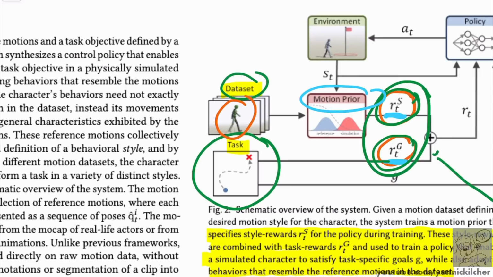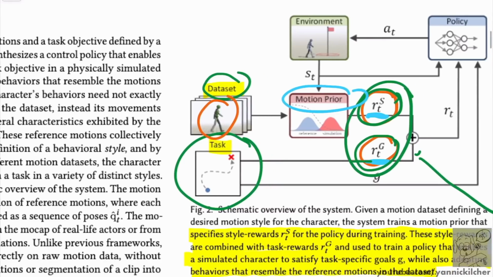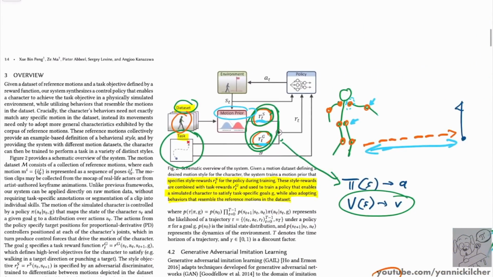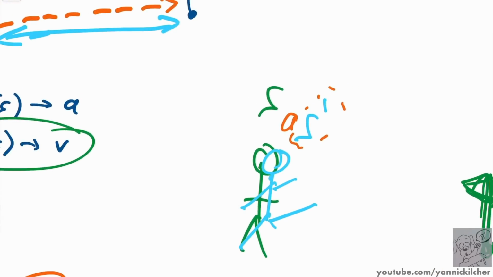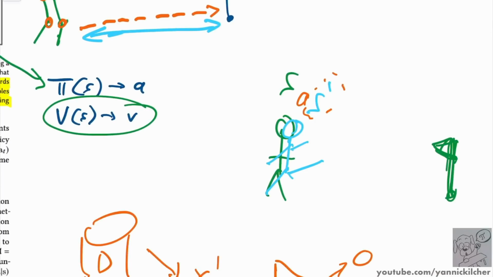You can probably guess it, but you do have the state and the next state. This dataset can come from anywhere. It can come from human demonstration. It can come from keyframes made by a 3D artist or maybe another agent that has already solved the problem. Therefore, you don't always have the actions available. So a transition is going to be specified by a state and a next state.